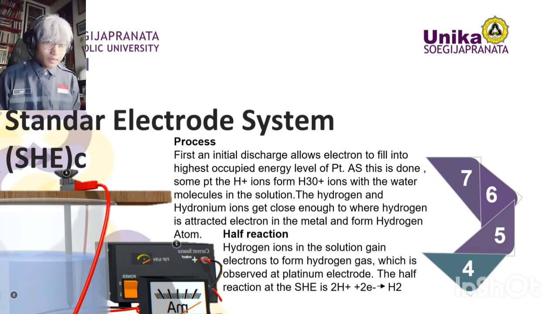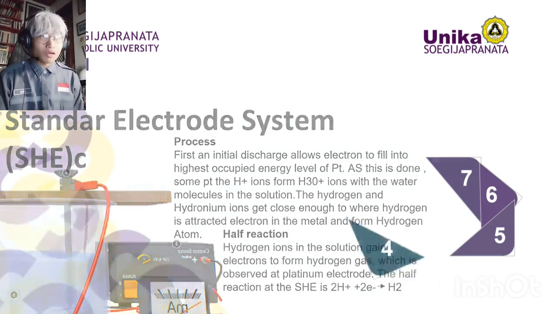So as you can see in the half reaction, the hydrogen ions in the solution gain electrons to form hydrogen gas, which is observed at the platinum electrode. The half reaction at the standard hydrogen electrode system is 2H+ plus 2 electrons turning into hydrogen gas.